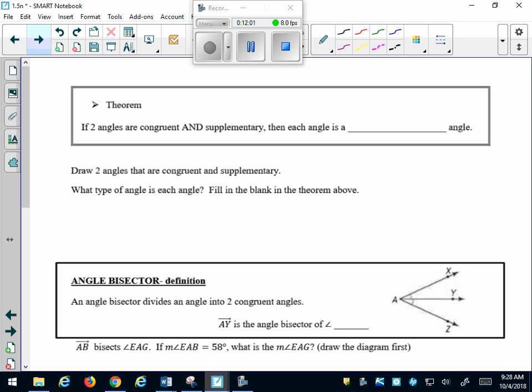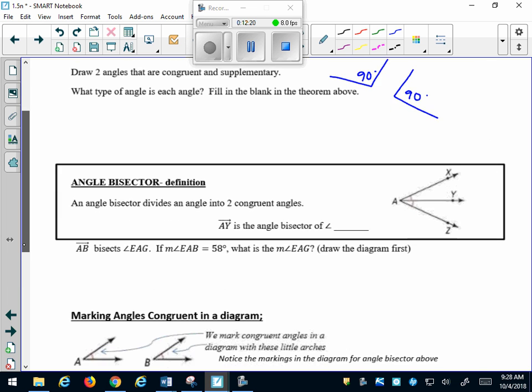Kaylee? A right angle, right? So if you have two angles that are congruent to each other and supplementary, they have to add up to 180, so each one has to be 90. So they're right angles.